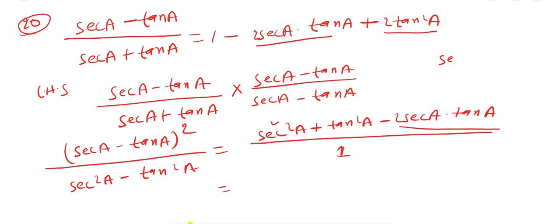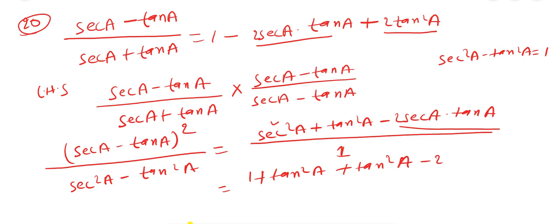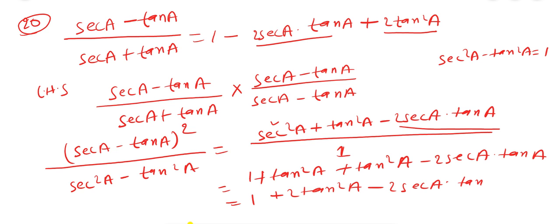You know the formula sec square A minus tan square A is equal to 1, so sec square A is equal to 1 plus tan square A. So I can write 1 plus tan square A plus tan square A, minus 2 sec A into tan A. This gives 1 plus 2 tan square A minus 2 sec A into tan A.